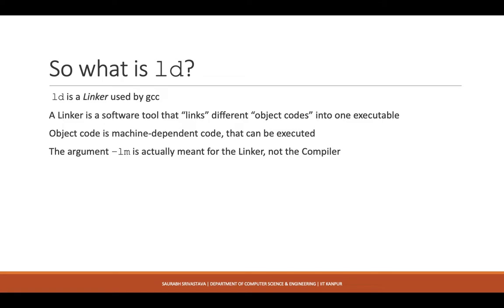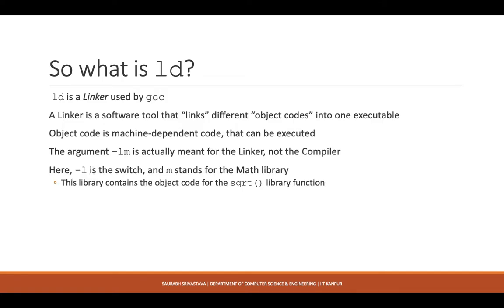Now that so-called -lm argument that we had provided was not really meant for the compiler; it was meant for the linker. -l was a switch, and m stood for math library. This was the library that defined sqrt. Remember the math.h header file that we included?